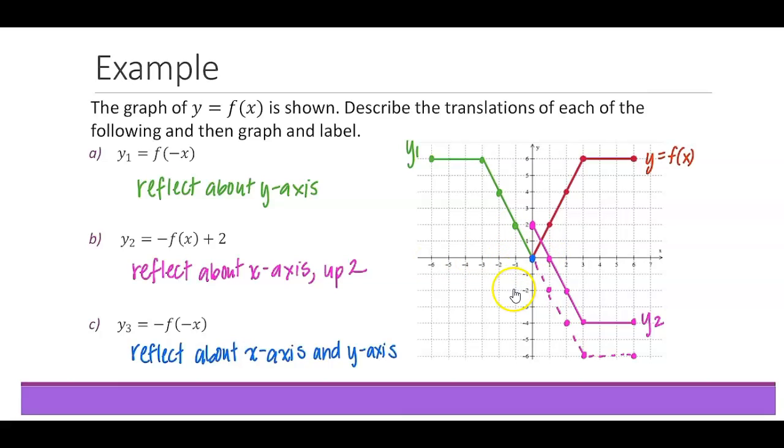And then negative 1, 2 is going to move to negative 1, negative 2. Then I'll have negative 2, negative 4, and then negative 3, negative 6, and negative 6, negative 6. So we'll go ahead and connect those together, and that is my graph of y3, capturing both reflections.